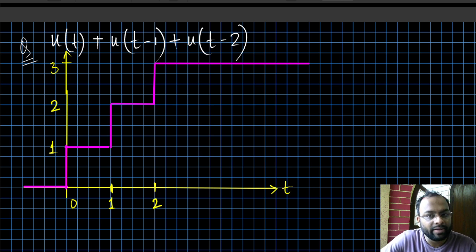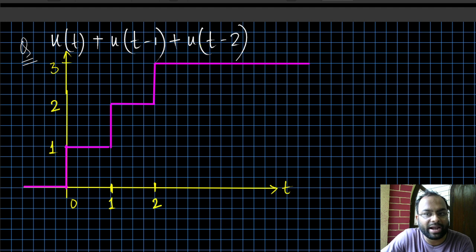So with that said, if we just had u(t), the result would be a simple unit step like we did earlier, right? Then if you had u(t) plus u(t-1), you can understand that we are adding yet another signal to the original u(t). The u(t) already had a value of 1. Now we are adding another signal. So this portion is basically like the previous example, right?